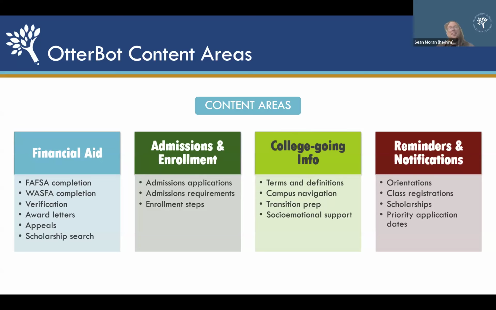So this can look at things like, okay, how do you go about setting up your housing? What are things to consider in the timeline of going to college after high school? And then reminders, notifications. So this includes application dates, especially we work with some of the regional applications so that students are aware about some of those scholarships. And then class registration, things for them to consider.